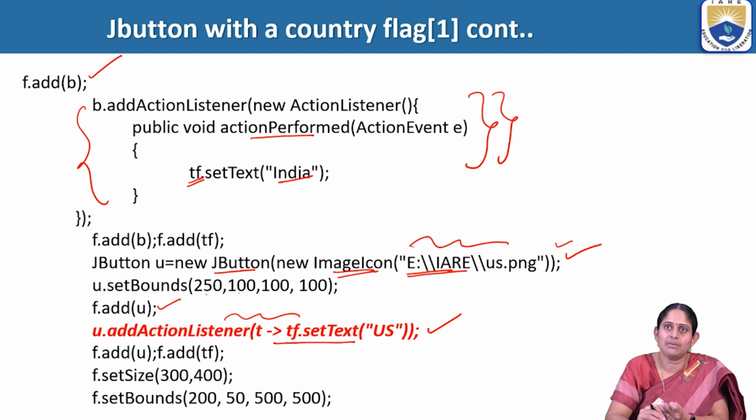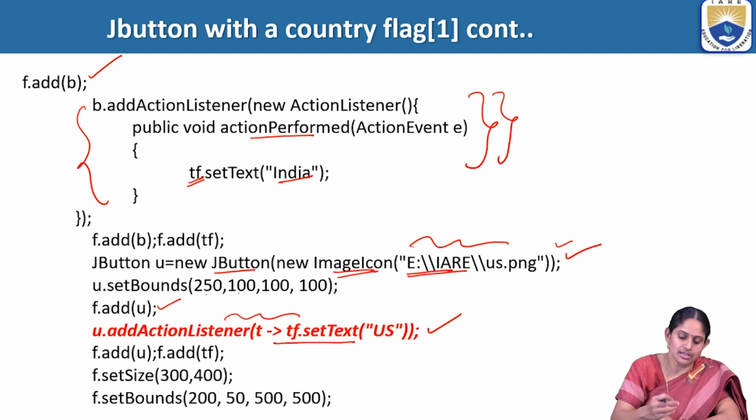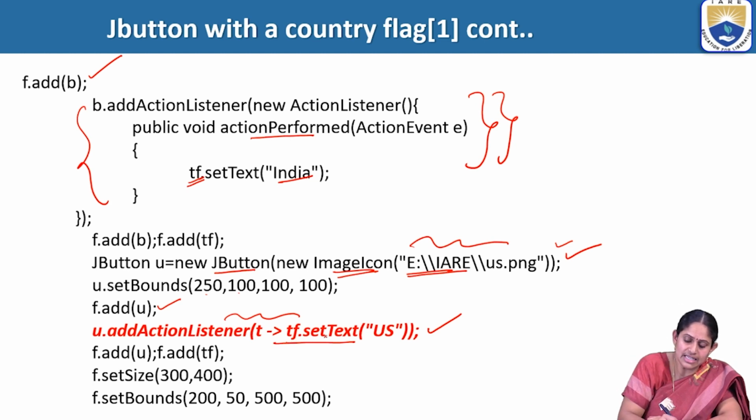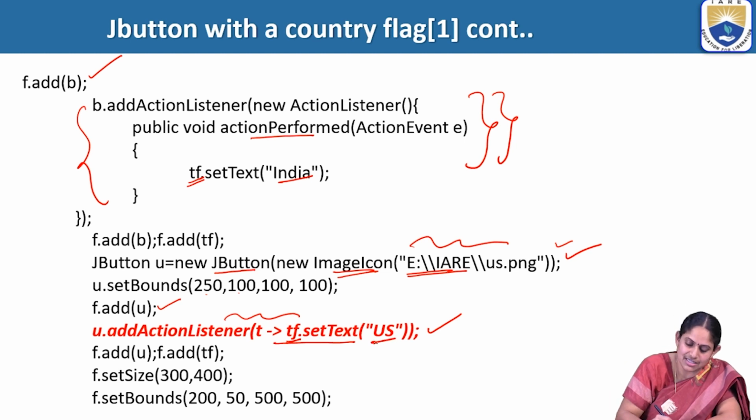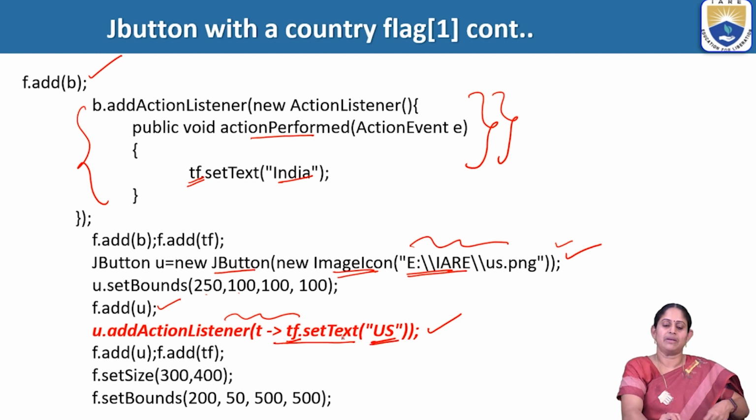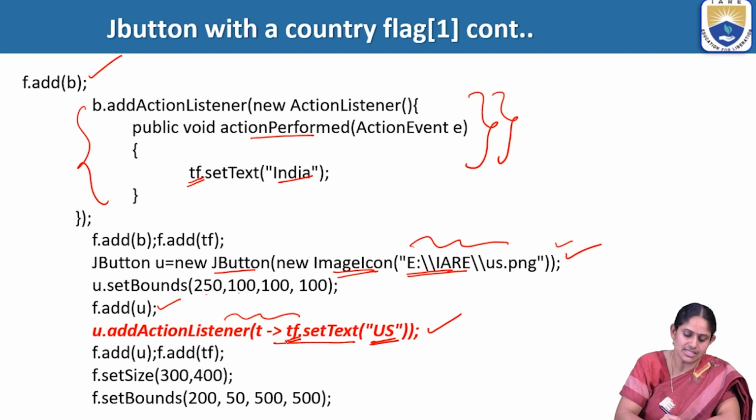So when we click on the button, the action event object will be created, which will invoke the action listener interface method action performed, and it will set the text field, so the string US will be placed onto the text field named as TF.